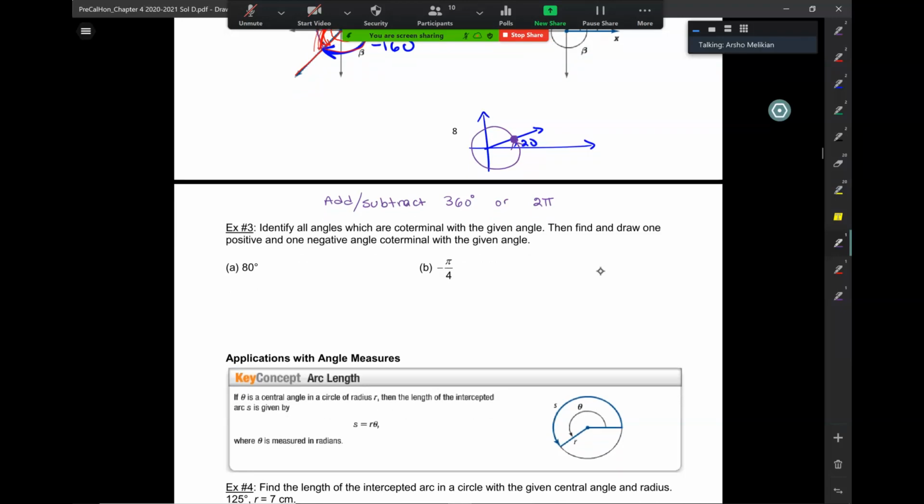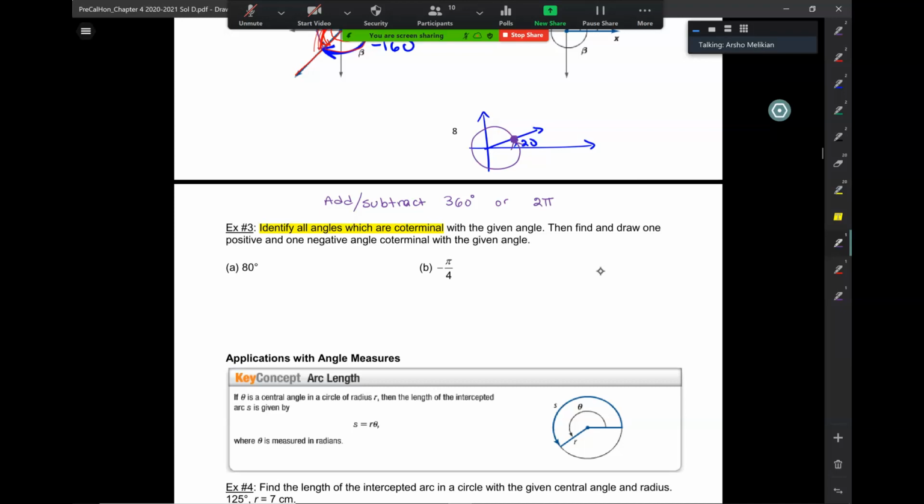Now take a look at this next one. It says identify all angles which are coterminal with the given angle. All angles means every single one. How many possibilities are there? Infinite.